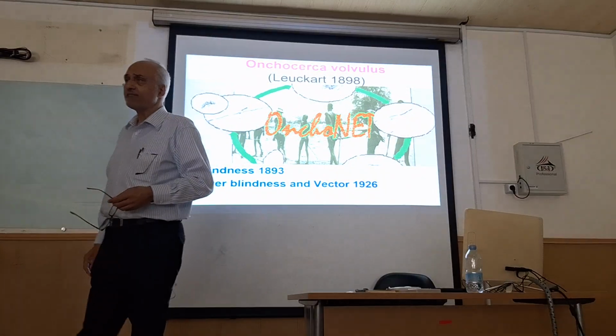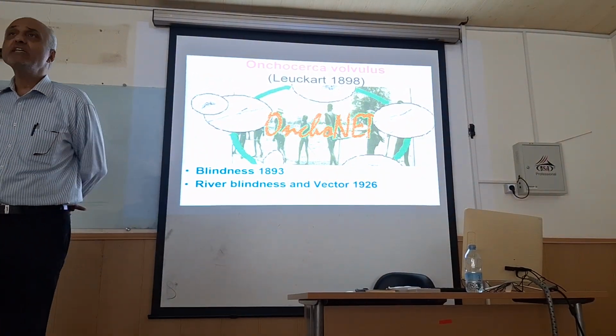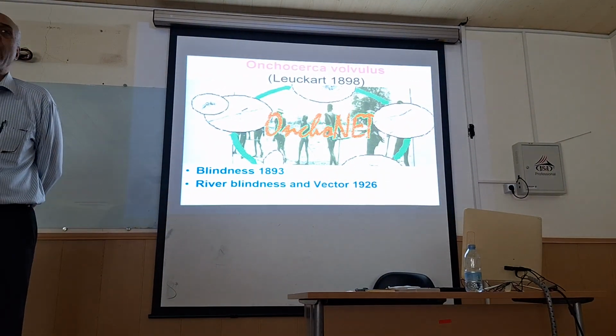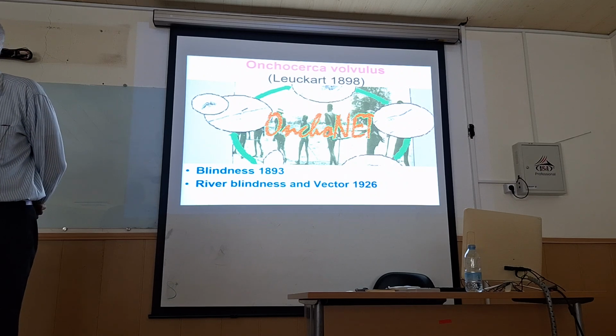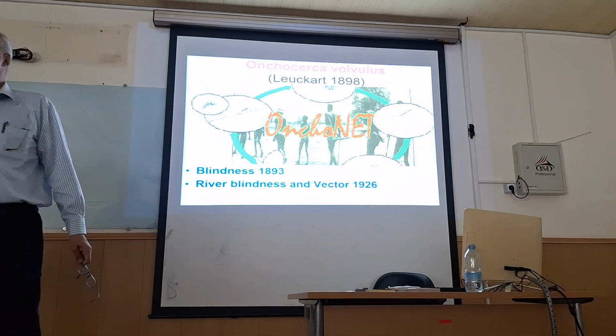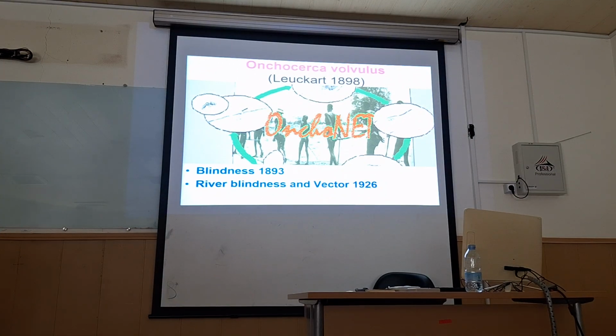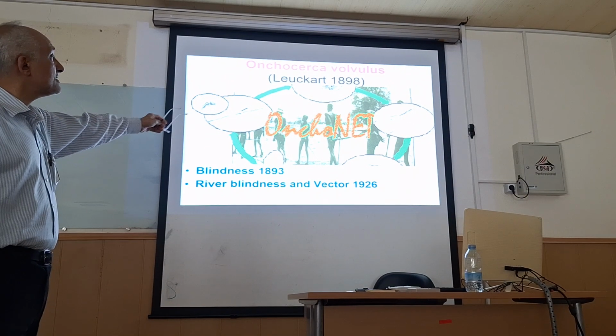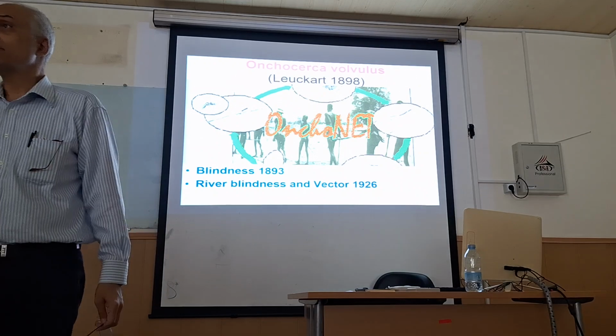The next filarial infection: the causative agent of river blindness, Onchocerca volvulus. If you have traveled to Geneva in Switzerland, near the WHO building, you can see a statue like this.